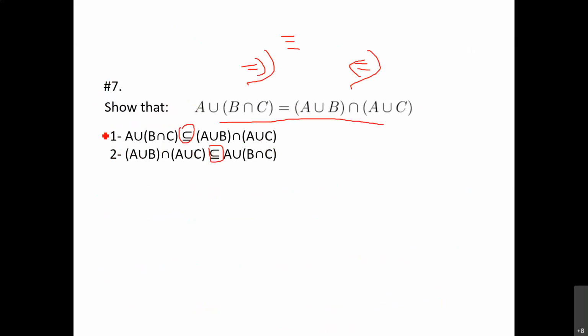Because this is sort of the left side, this is sort of the right side. We have to prove both of them. I did the first one, you want to do the second. Yes, it's sort of going to be the same proof, because this is an easy example.